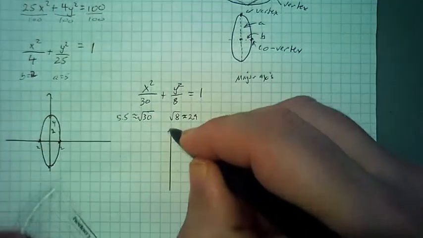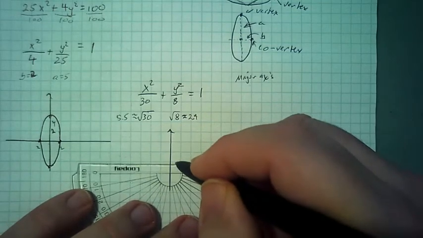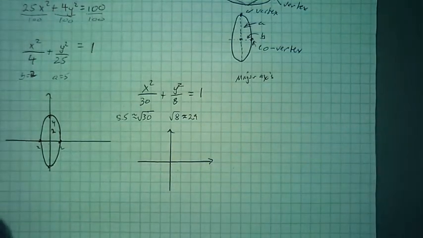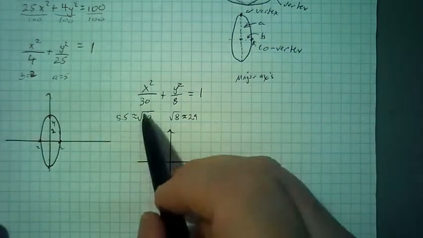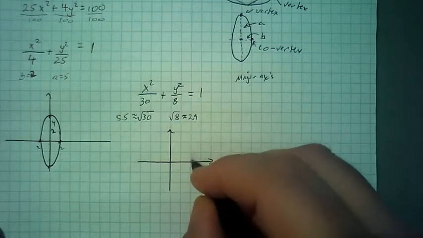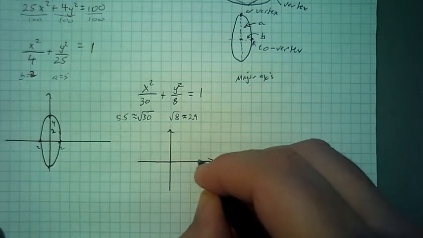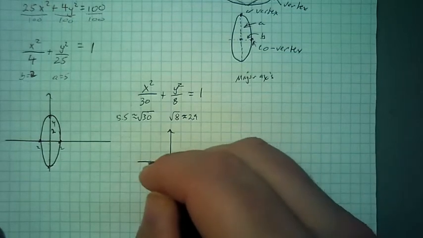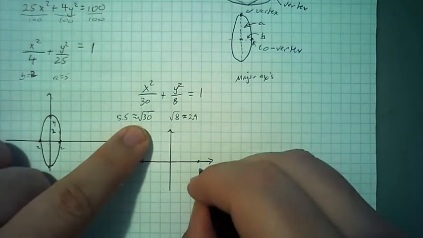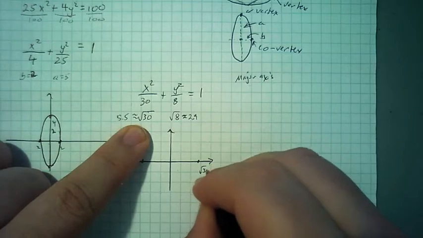Now in this case, the number under the x is the big one, so that's A. And so my ellipse is going to be wider than it is tall. So this is the square root of 30, 0.